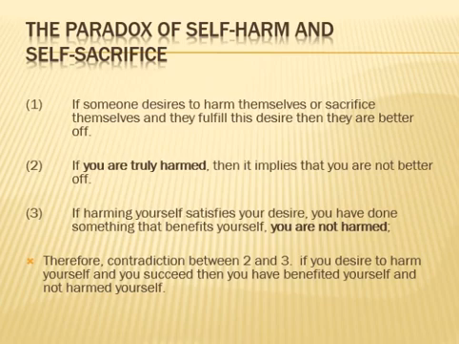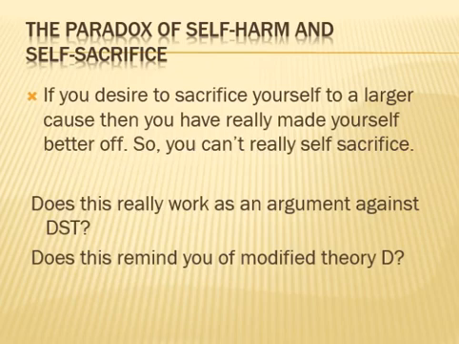But this is what desire satisfaction theory seems to imply. If you desire to sacrifice yourself to a larger cause, then you've really made yourself better off. But then a problem arises. You can't really self-sacrifice, because if you're doing something to make yourself better off, then you're not self-sacrificing, right?